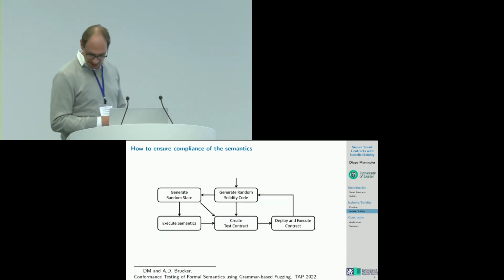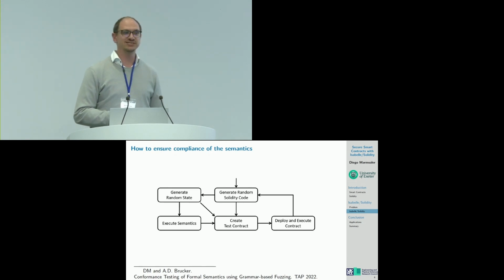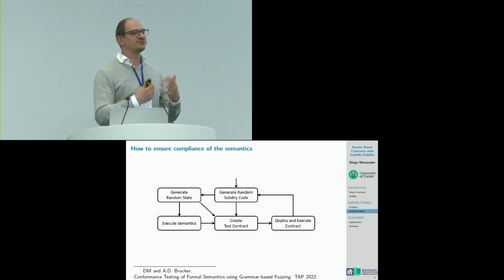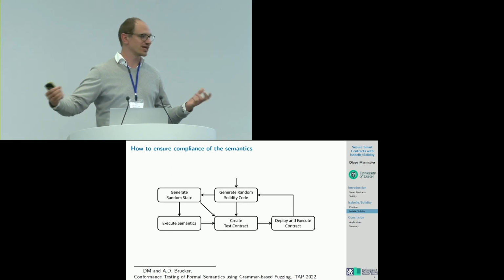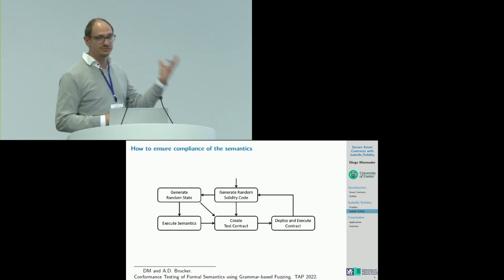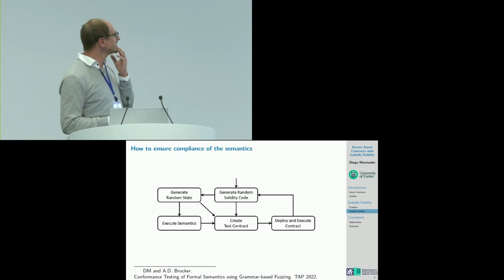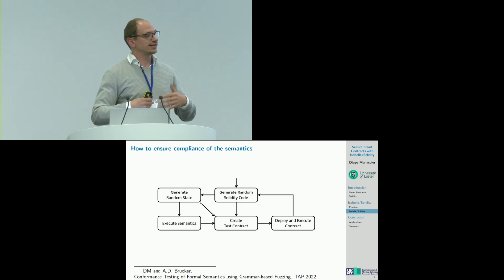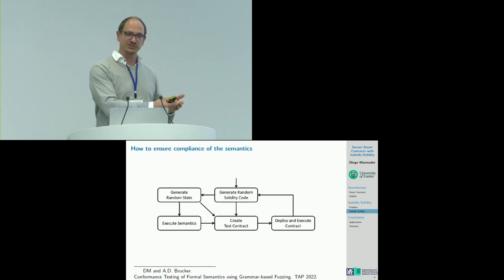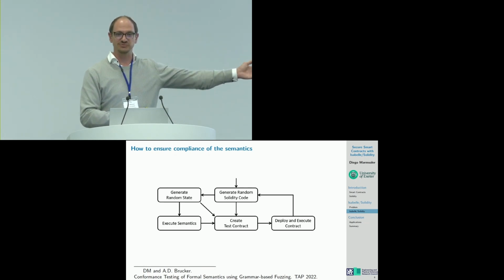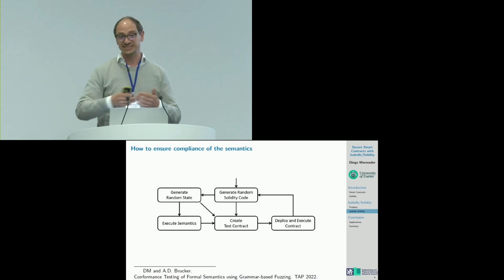Now, one of the design goals of Isabelle Solidity was to try to be faithful to the original specification of the language, which is a challenge when we build models. To this end, the first thing we did is we made sure that our semantics is executable. So we can execute programs with our semantics and test them against a reference implementation.